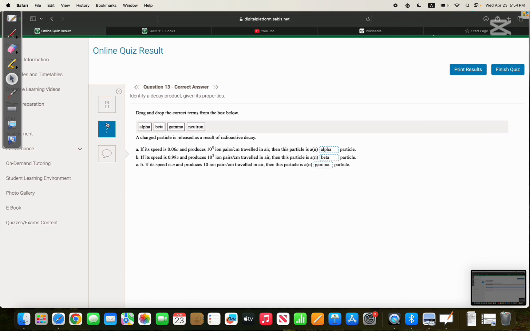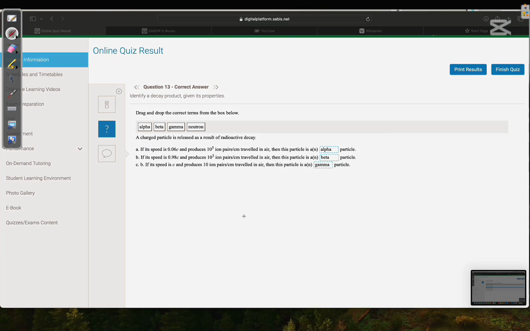A charged particle is released as a result of radioactive decay. Rank the radioactive particles in terms of speed. Gamma is the fastest, basically moving at the speed of light.